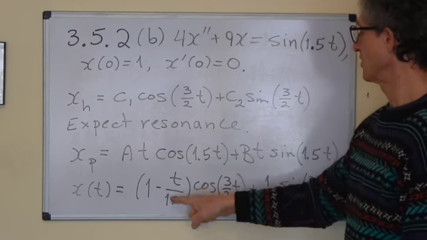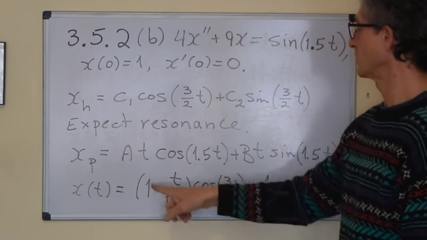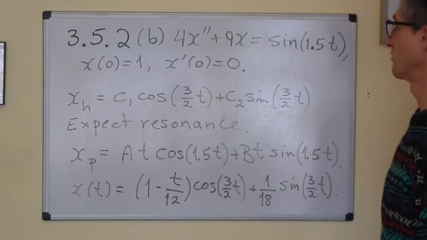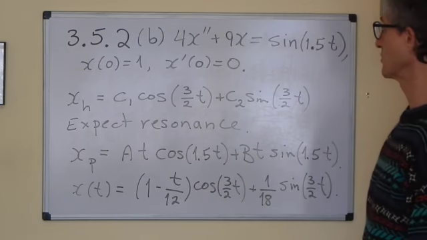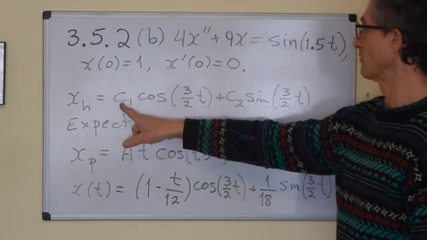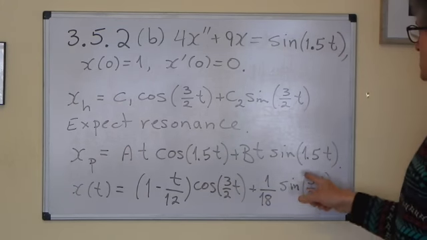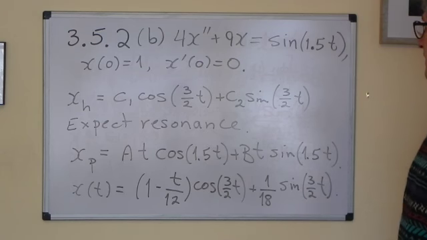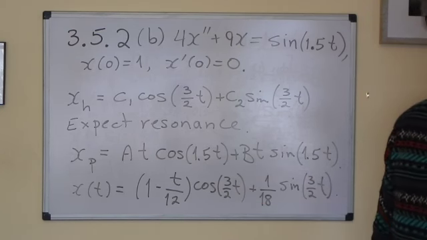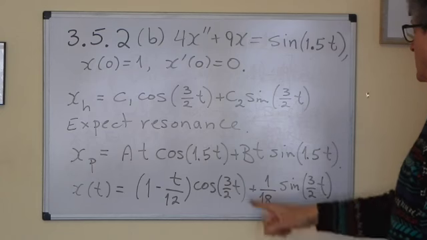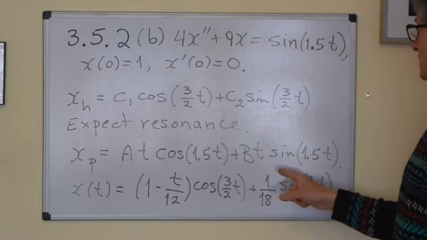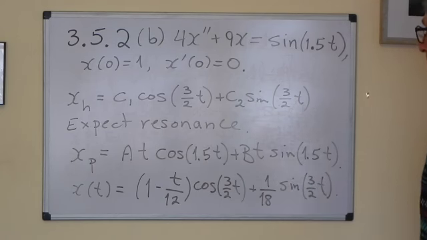You can see this minus t over 12 is coming from the particular solution. The 1 is coming from the homogeneous solution. And then 1 over 18 sine 3 over 2 t. Obviously, b in the particular solution turned out to be 0, and c2 turns out to be 1 over 18. Anyway, there we have it.